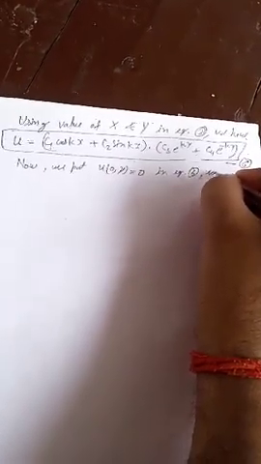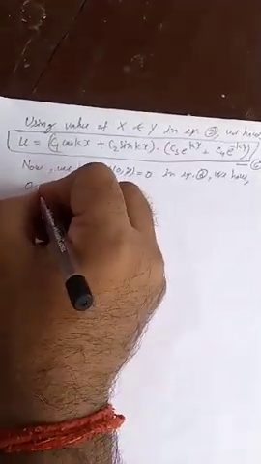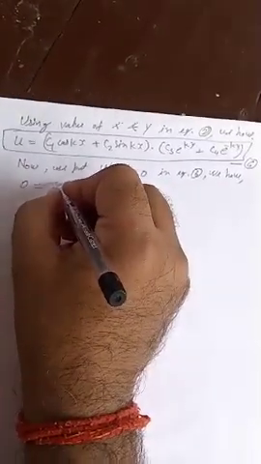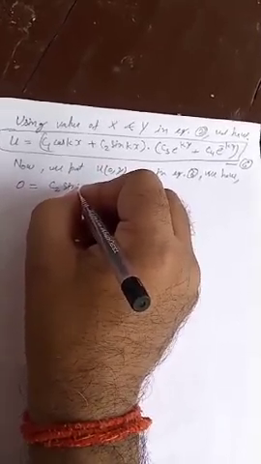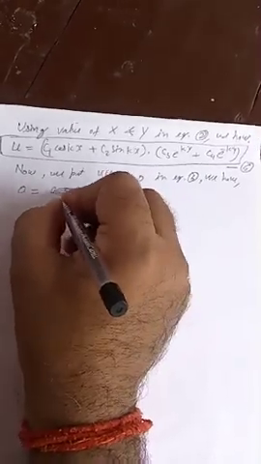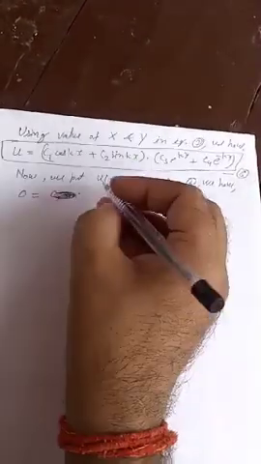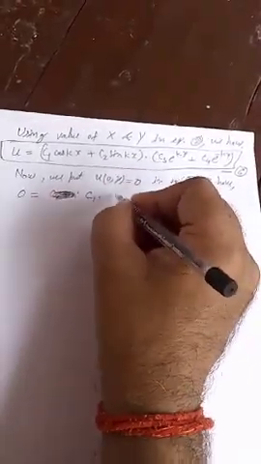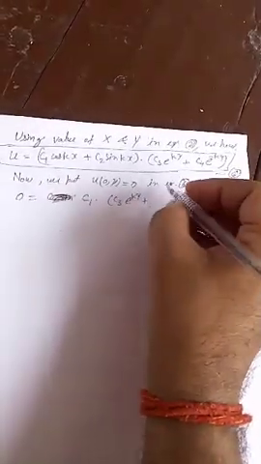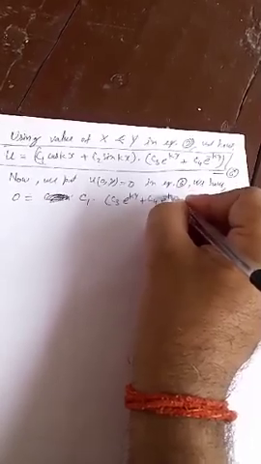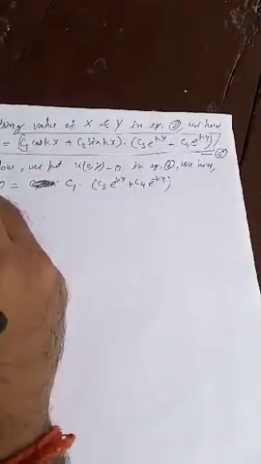We have 0 is equal to C1 into C3 e to power ky plus C4 e to power minus ky, plus the C2 sin term.